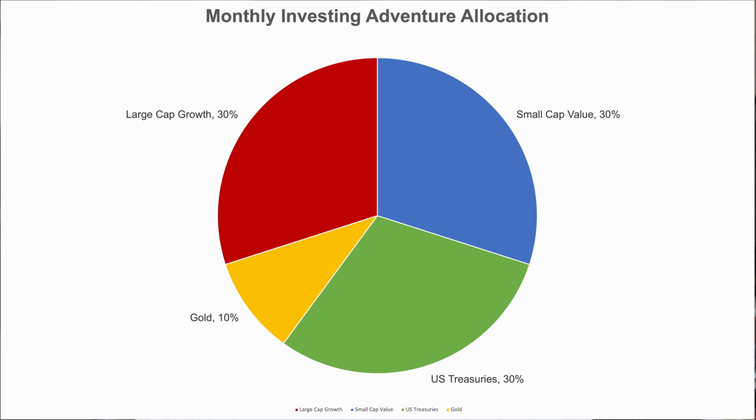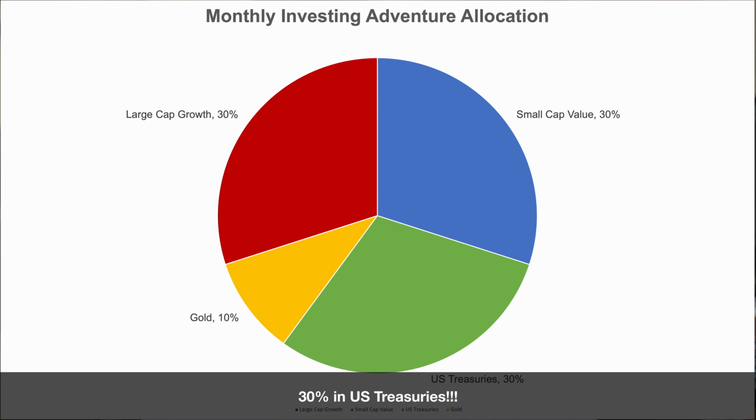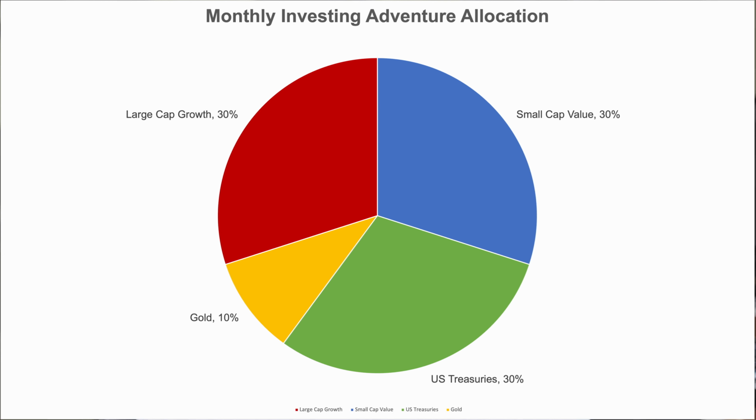Speaking of allocation, for this particular account, starting from scratch, I'm going to use an allocation that's very similar to what I did for my $1 million portfolio, except it's going to be tweaked slightly. So here's the allocation for this account. We're going to start with 30% large cap growth, 30% small cap value, 25% government treasuries, and 10% gold.